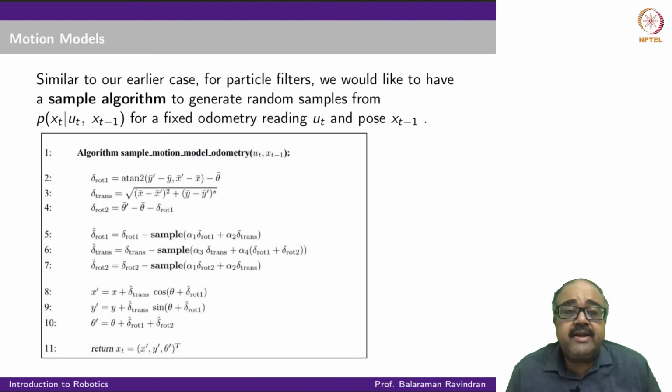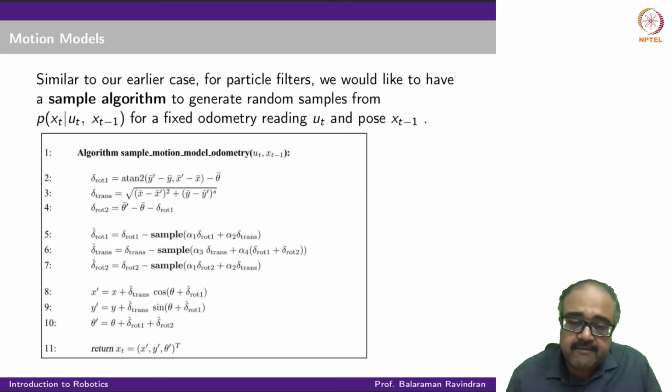And just like we did earlier with the particle filter version of the motion model, we can do a particle filter version of the odometry motion model, where we first compute delta rot1, delta trans and delta rot2, and then we sample a delta prime, right? Remember, when I am using the particle filter version, I don't get an xt as an input, so I can't compute delta rot1, but what I do is I randomly sample values for the delta cap, right?